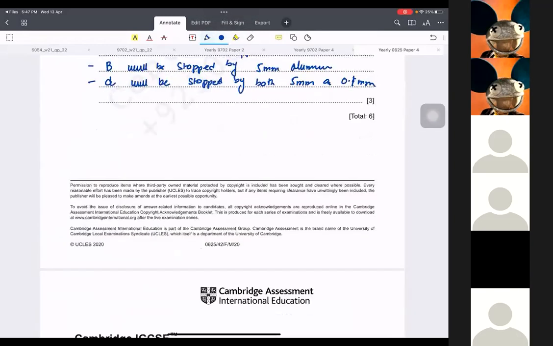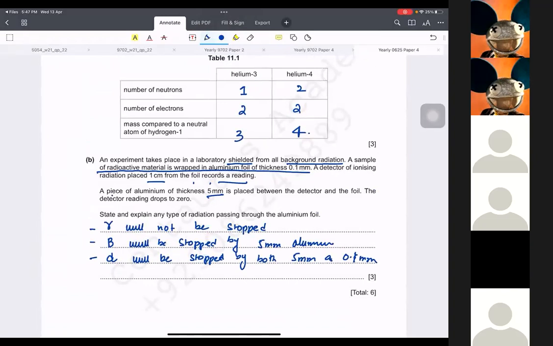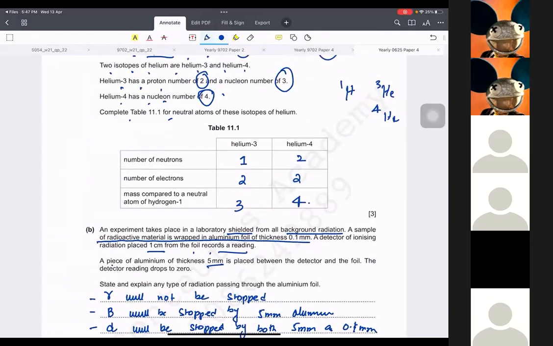Okay, and finish. Yes, Hadi. For the table above, why did you write 3 and 4? Because if hydrogen is 1, helium-3 means 3 mass, 2 protons, and helium-4 means 4 mass, 2 protons.